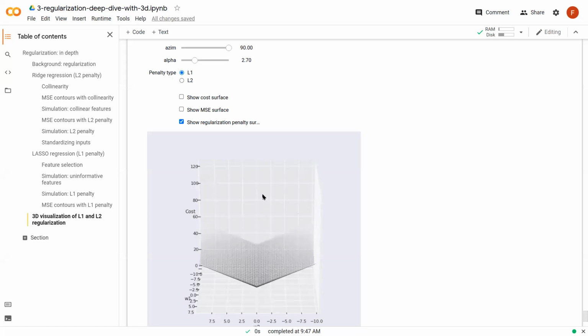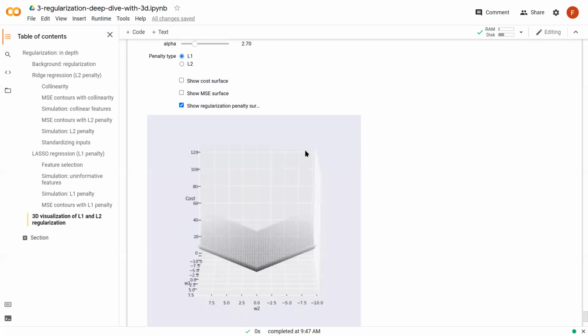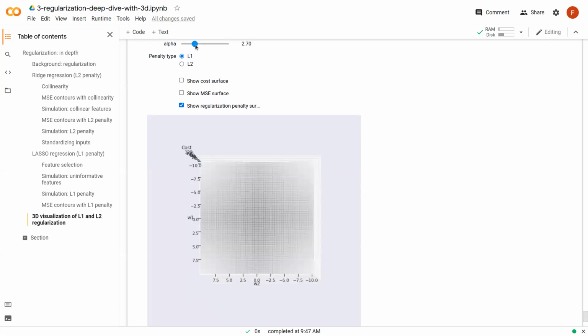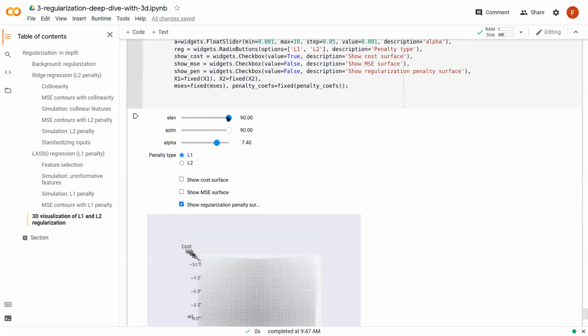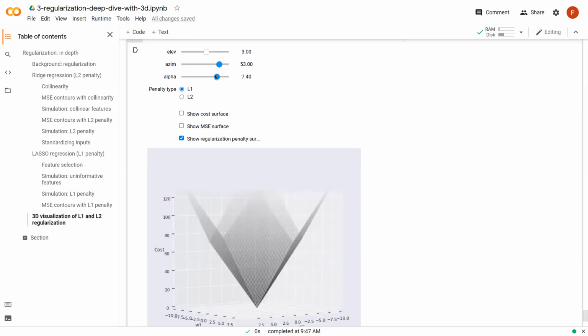For this L1 penalty, let's look at just the regularization, and let's look at an overhead view here. For the L1 penalty, as I increase the alpha of the regularization, the corners are pulled up along these interesting sharp creases.